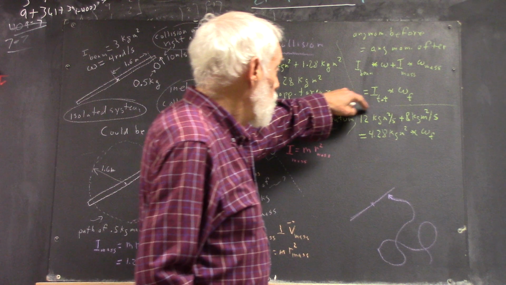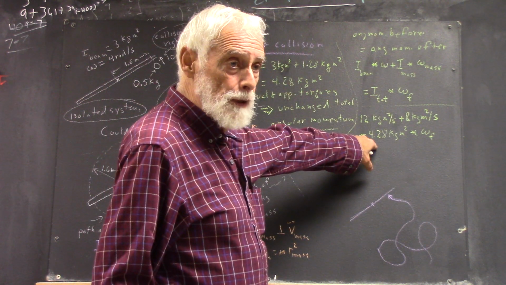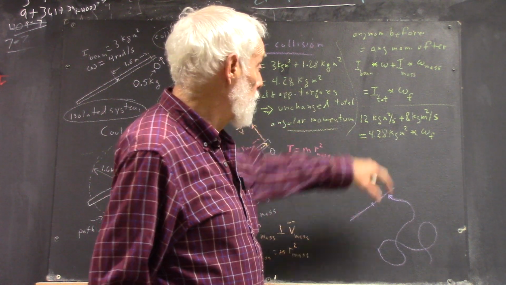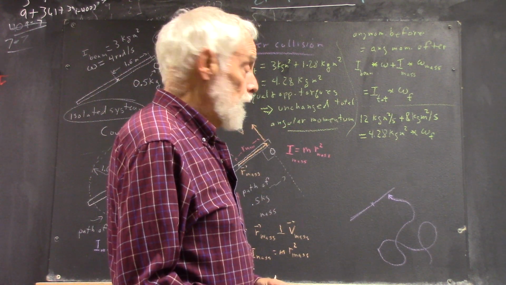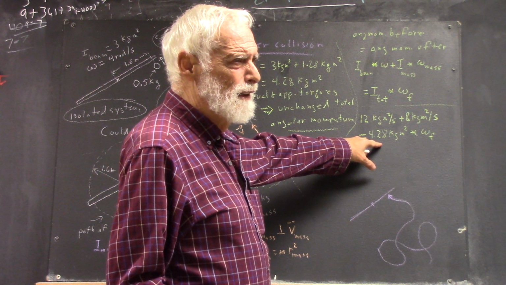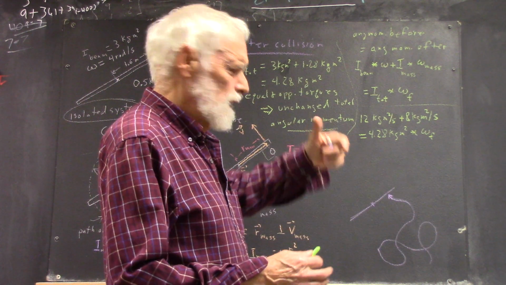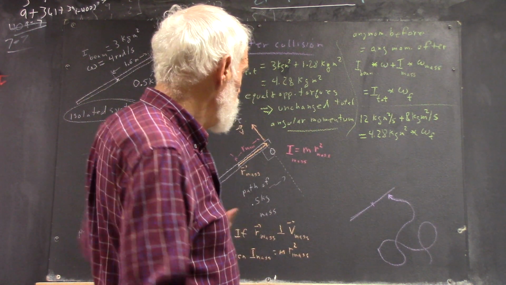Now it's a trivial matter to solve it. You're going to have 20 kilogram meters squared per second. You're going to divide that by something a little over 4, you're going to get something a little under 5. This is over 4 by about 1/16, so it's going to be under 5 by about 5/16, which is 0.3125, I think.